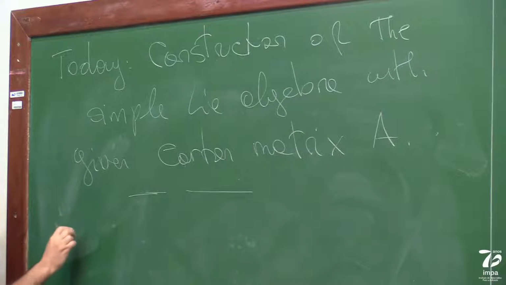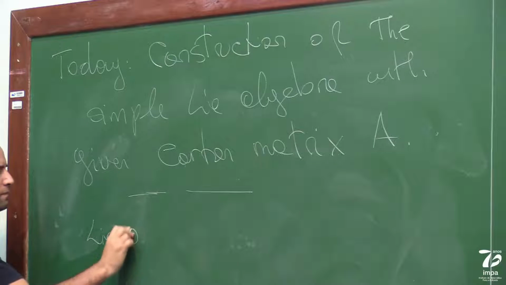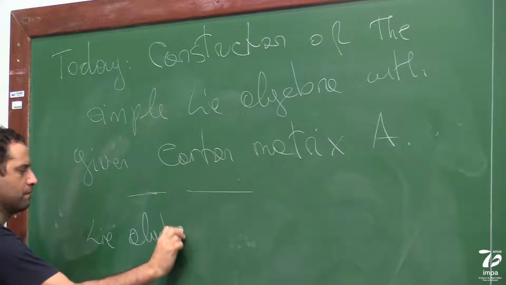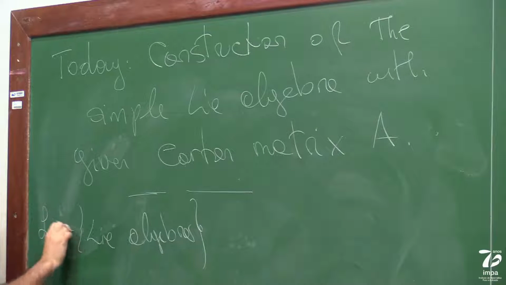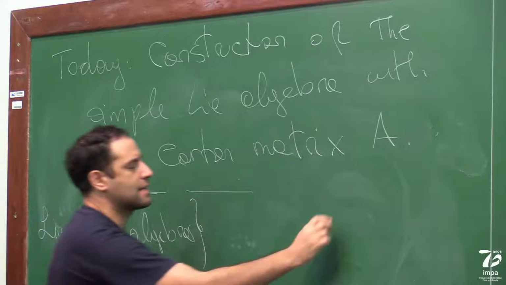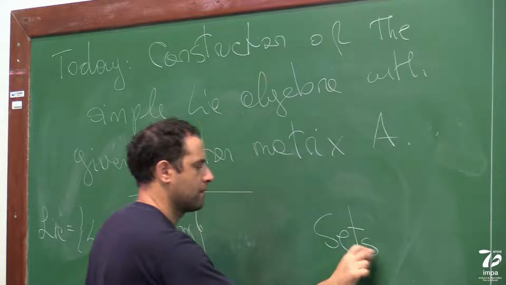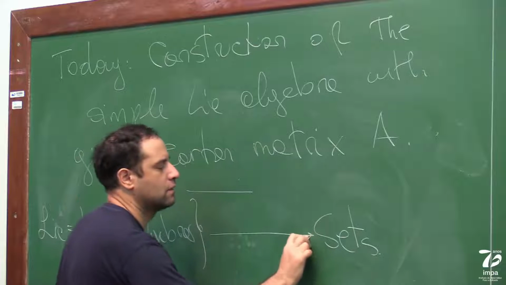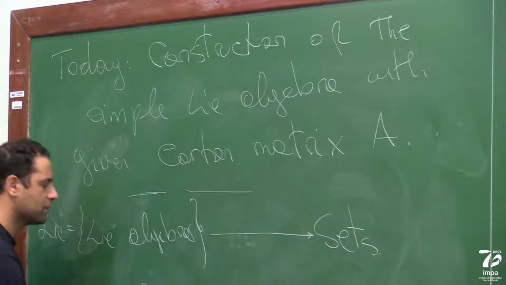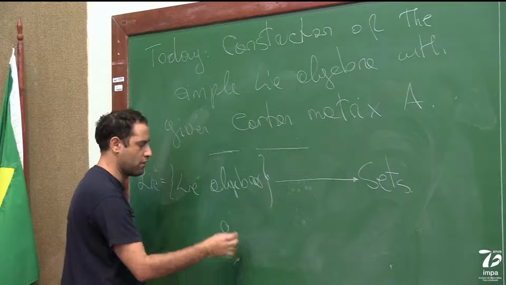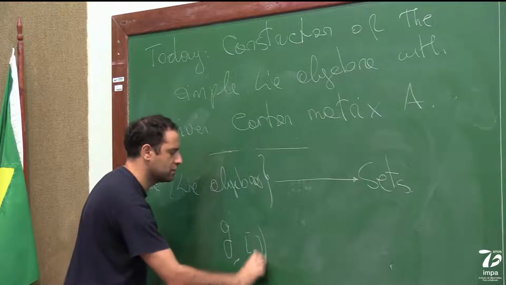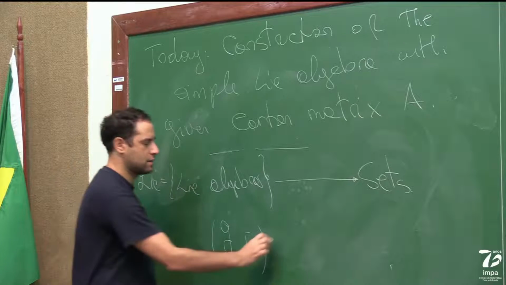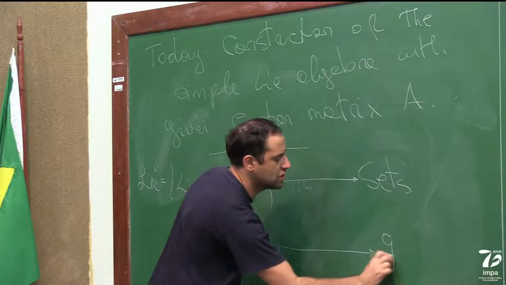So consider the category of Lie algebras. So this is my category Lie. And we have a category of sets. And we have a functor that takes a Lie algebra, which is some vector space over a field K, and it has a bilinear operation, which is the bracket, and you just give me back the set G itself.